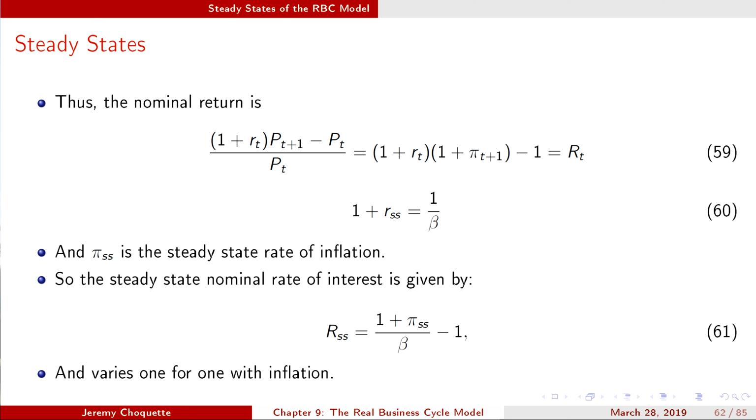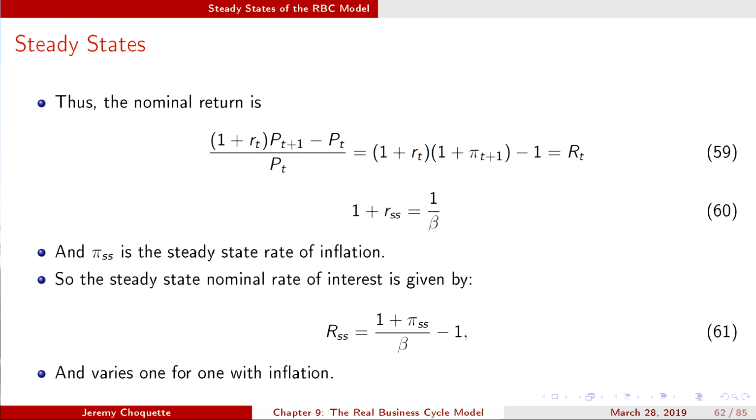Now, according to this model, if you look at this, the nominal interest rate in its steady state is equal to 1 plus inflation over beta, minus 1. Do you see a real interest rate in there? No. So if it doesn't affect the real interest rate in the steady state, it's not going to affect capital.